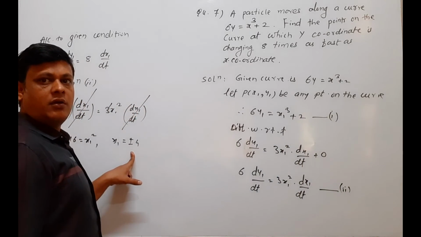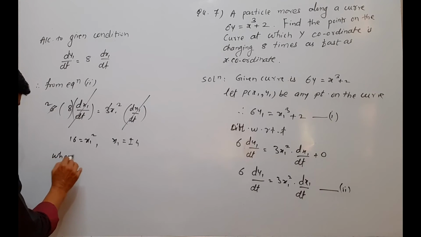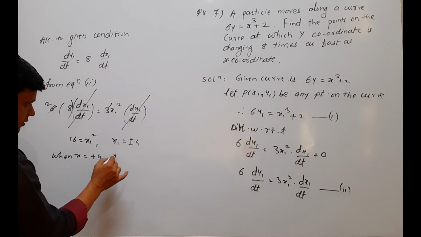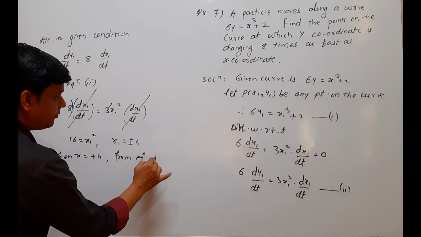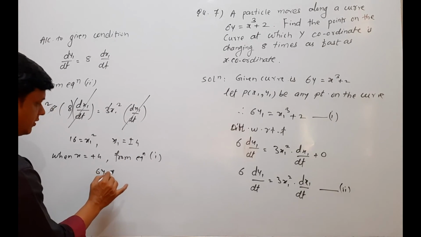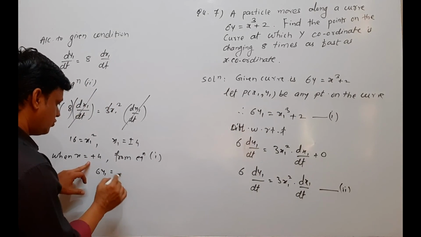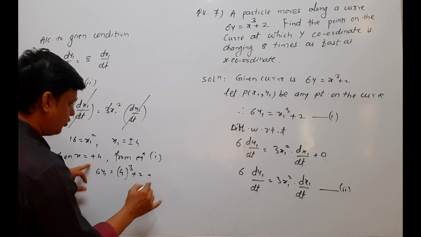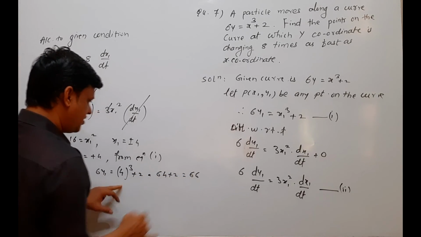We get the y1 coordinate. So right here, when x1 is equal to plus 4, from equation first we write 6y1 is equal to plus 4 cube plus 2. 4 cube we get 64, 64 plus 2 we get 66.